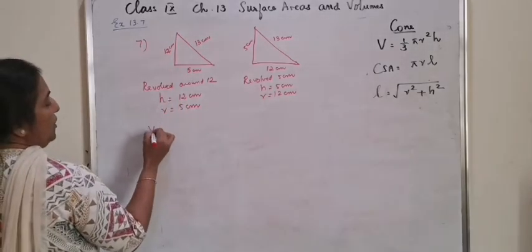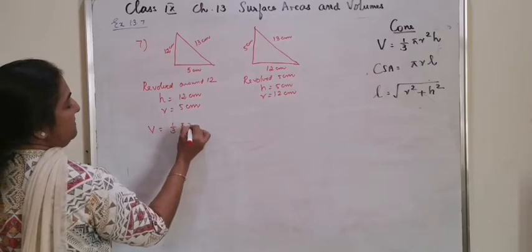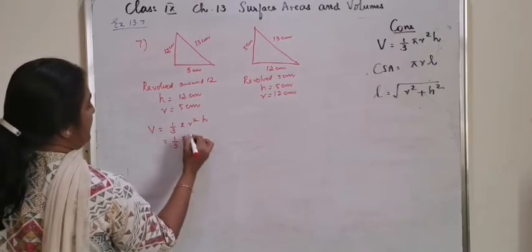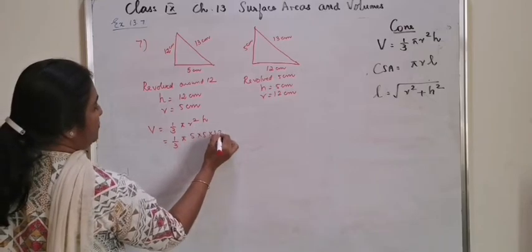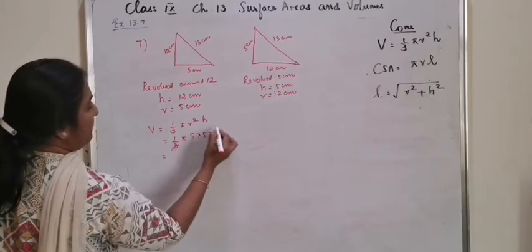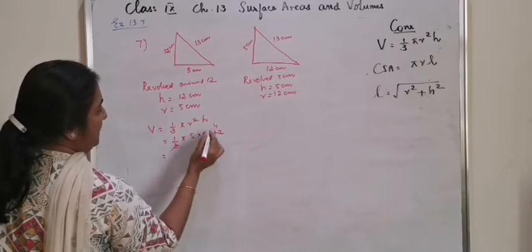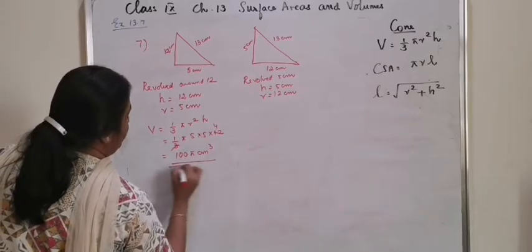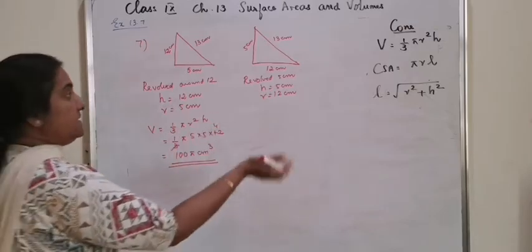So here the volume is equal to 1 by 3 pi r square h, which is 1 by 3 pi into 5 into 5 into 12, or it will be 25 into 4, 100 pi centimeter cubed. What will be the volume in this case?